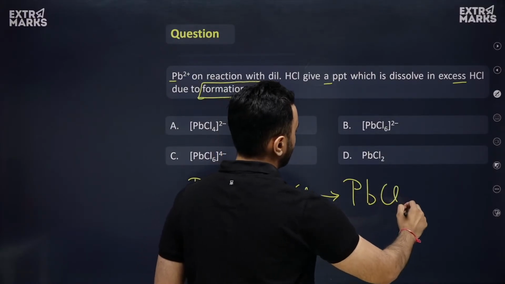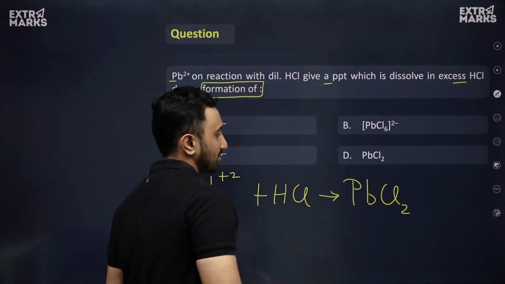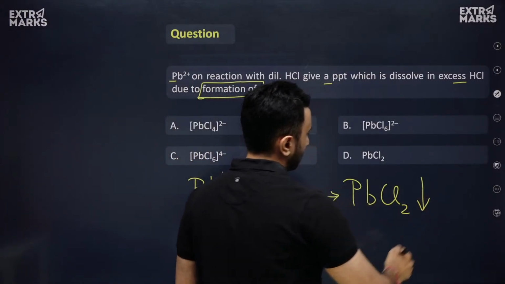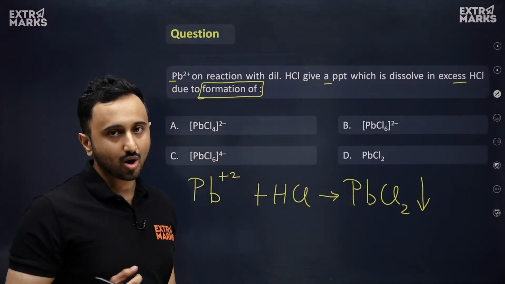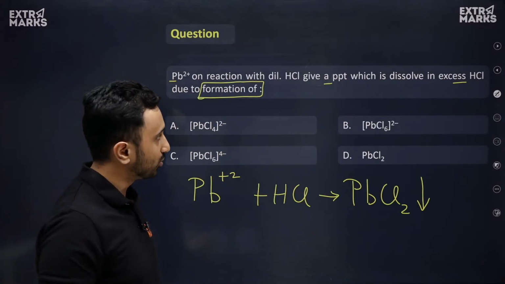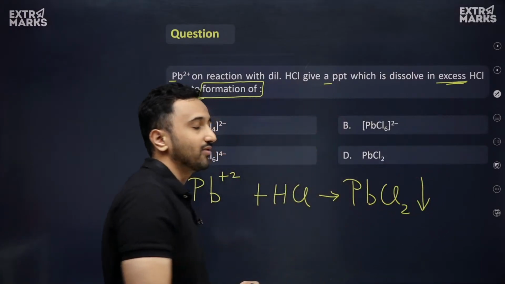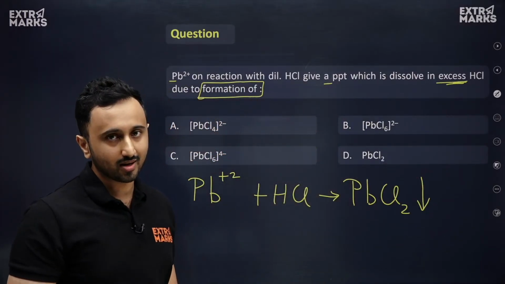Now PbCl2 is a sparingly soluble salt. That means it will give you a precipitate. It will precipitate out. But if you take excess amount of HCl, that means you have a lot of Cl minus ions.